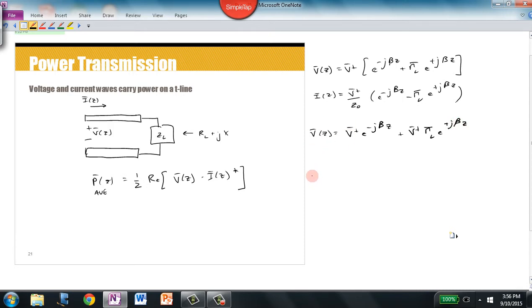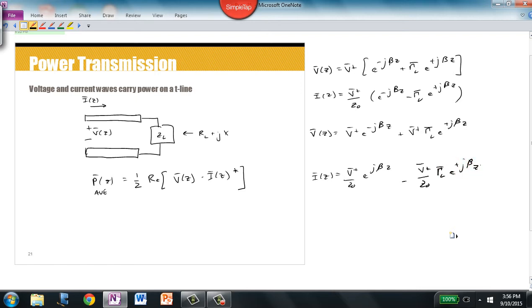I'll do the same for the current. I bar of z is equal to V bar plus over Z0, e to the minus j beta z minus V bar plus over Z0 reflection coefficient at the load, e to the plus j beta z.